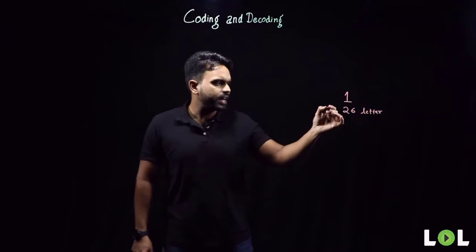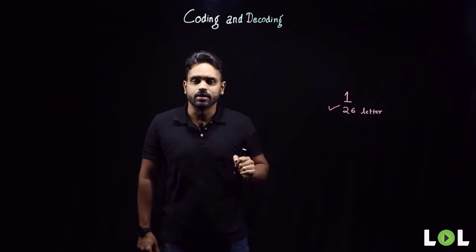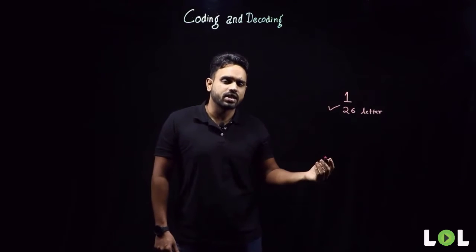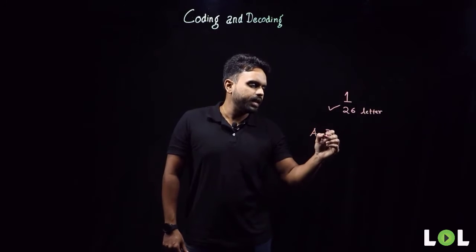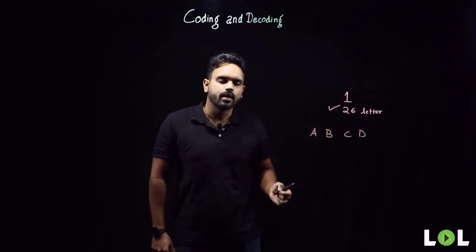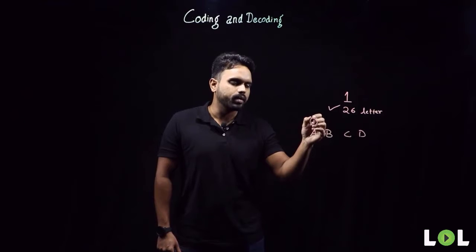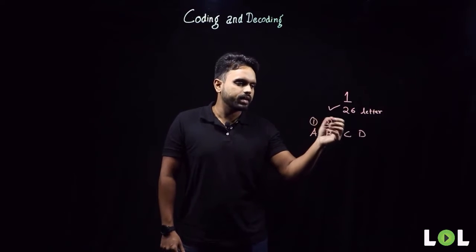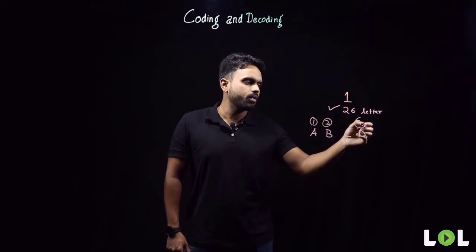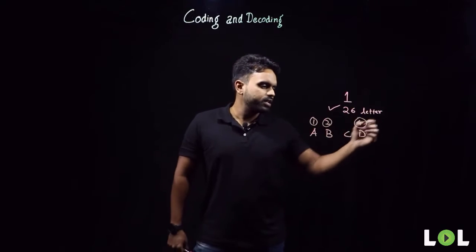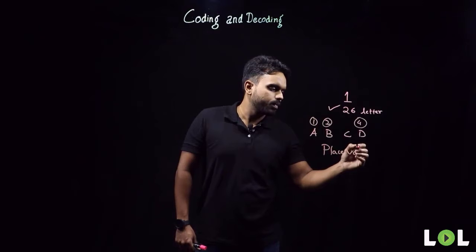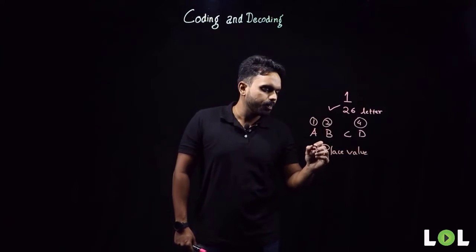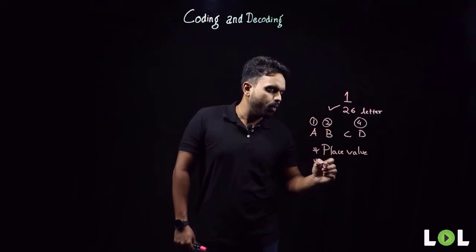And if you know the characteristics of all these 26 letters, what do I mean when I say characteristics is the place value. Now, for that matter, let me take A, B, C, and D. Now, the place value of A is 1, that of B is 2, that of C is 3, and that of D is 4. We need to have an understanding about the place value and also the opposite letters.